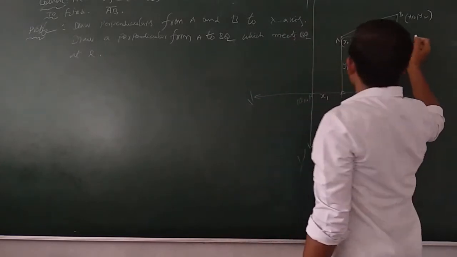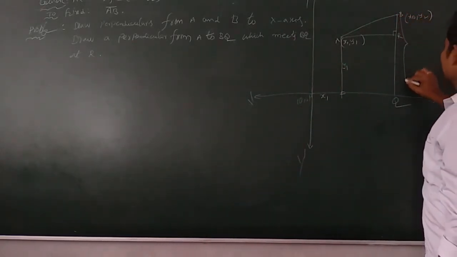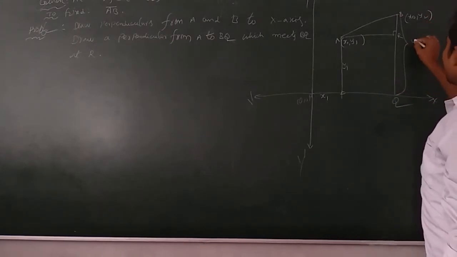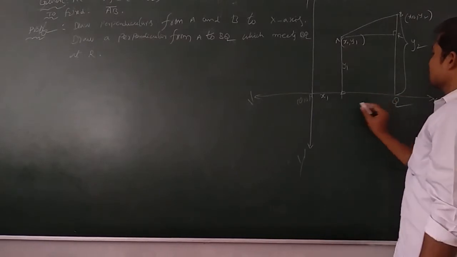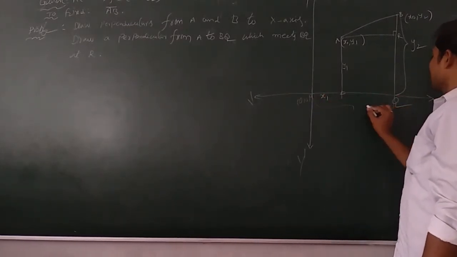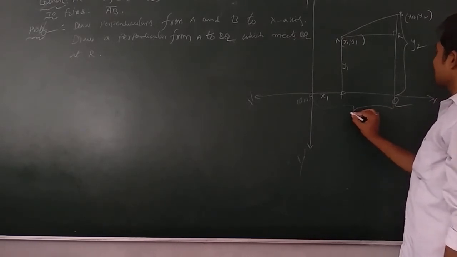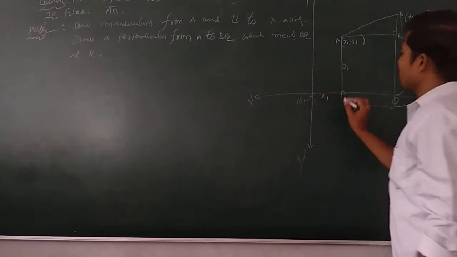Like this, the total is y2, and from here to here the distance is x2.